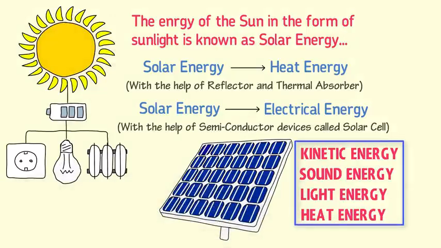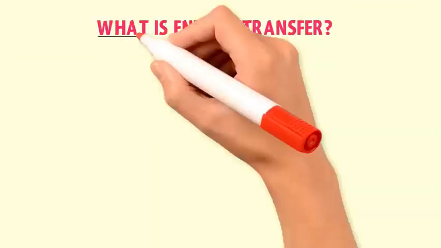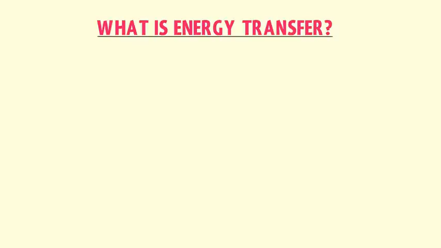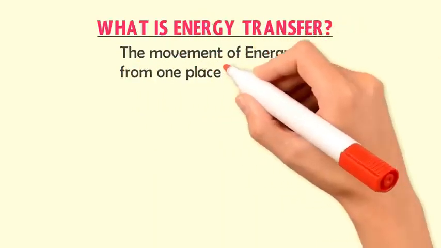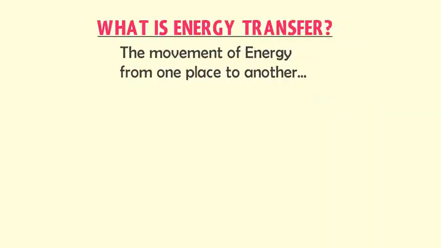Finally, let me clear your concept about the common misconception regarding energy transfer and energy transformation. Now, what is energy transfer? Energy transfer refers to the movement of energy from one place to another.